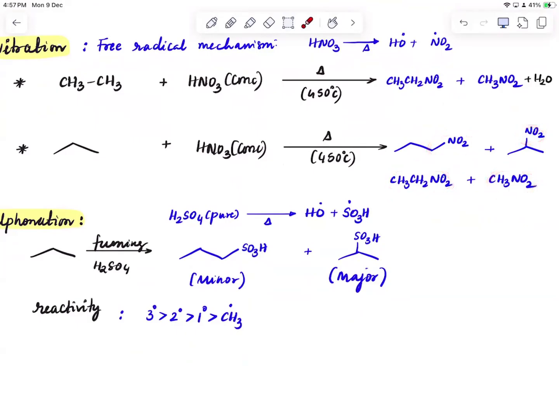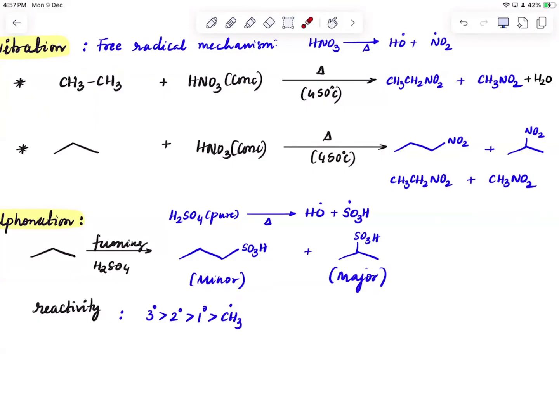So all these nitro forms are possible here. Got it? So I guess this reaction is clear. Usually this is more feasible for higher alkanes. In higher alkanes, the carbon-carbon bond usually breaks homolytically, and lower substituted alkanes are more easily formed in this case.